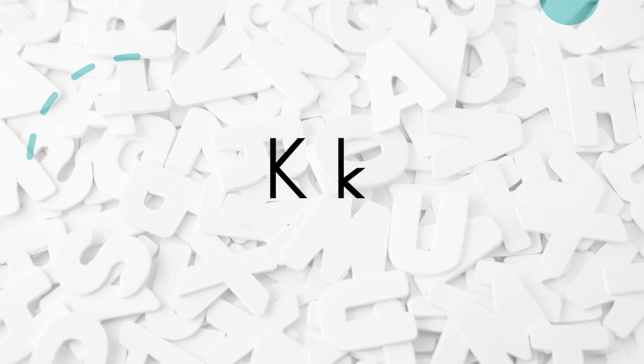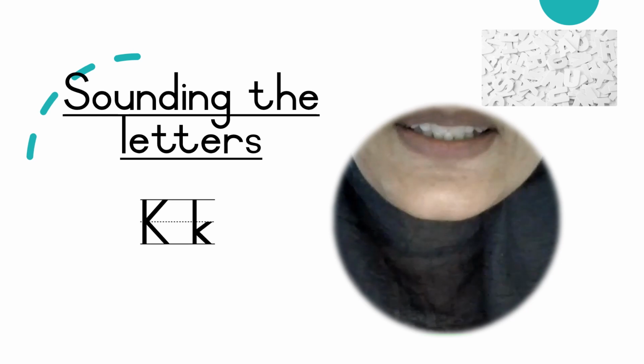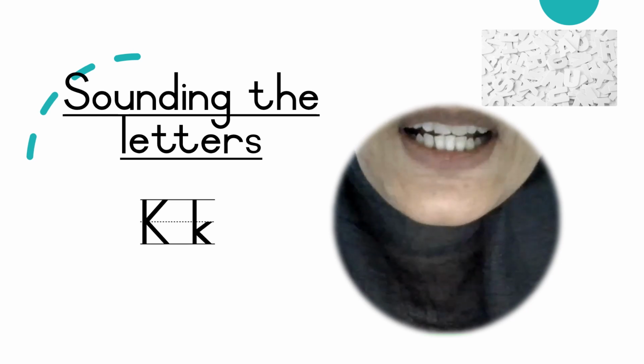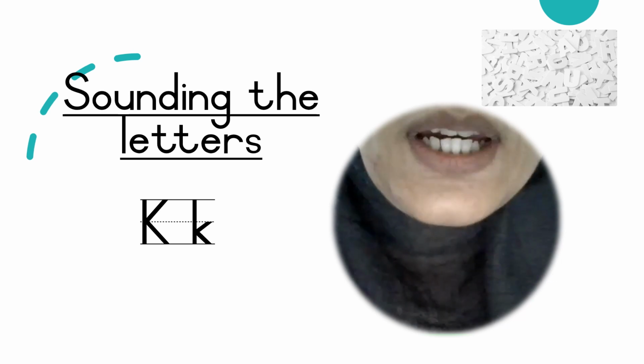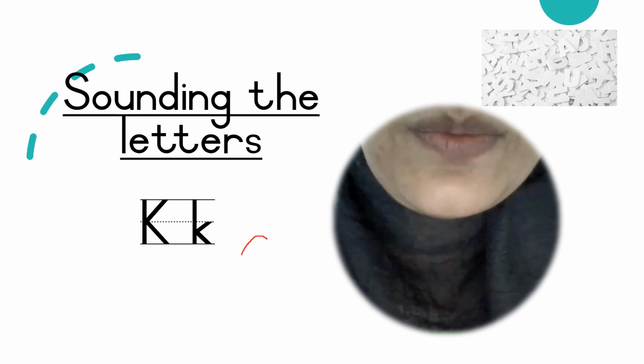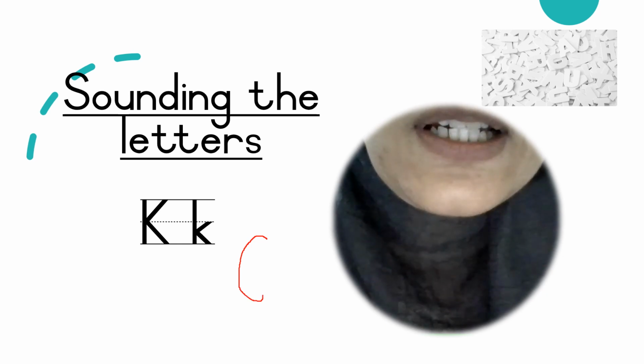Our letter for this lesson is a K. The sound of this letter is a K sound. K. We have learnt about the K sound before when we did the C, but this here also makes a K sound.